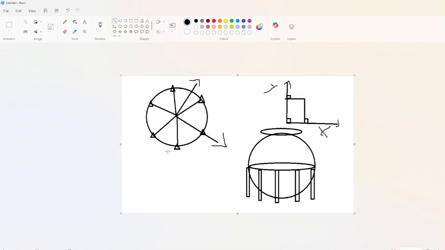Alright, let's draw the perpendicular right angle line down to this x-coordinate. And now for the y. Okay, now let's mark theta, which is like the angle.